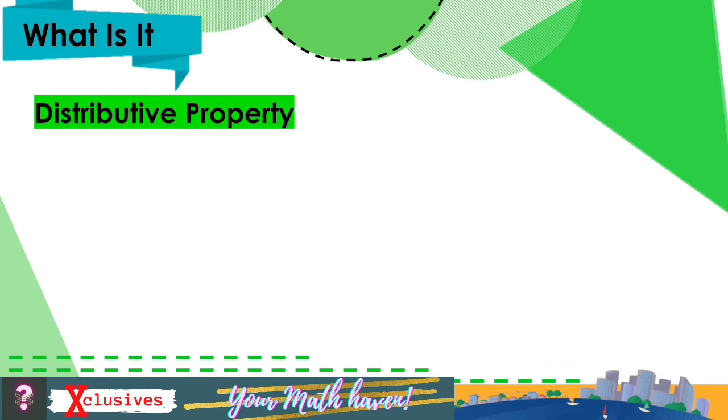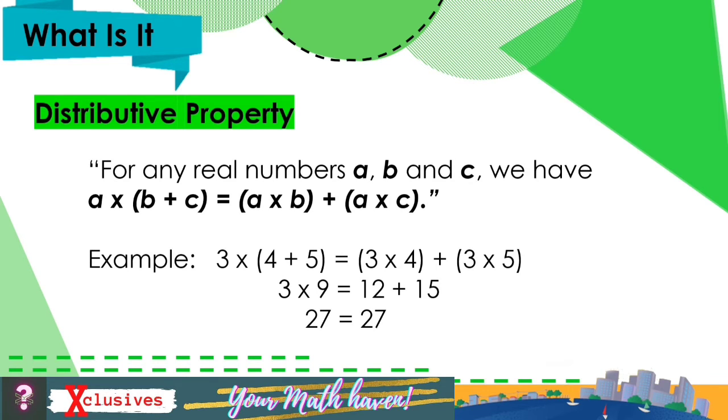When you say distributive property, it states that for any real numbers A, B, and C, we have A times the sum of B and C is just the same with the product of A and B plus the product of A and C. For example, 3 times the sum of 4 and 5 is just the same as the product of 3 and 4 plus the product of 3 and 5. Because when you simplify both sides, the result is still the same, which is 27.